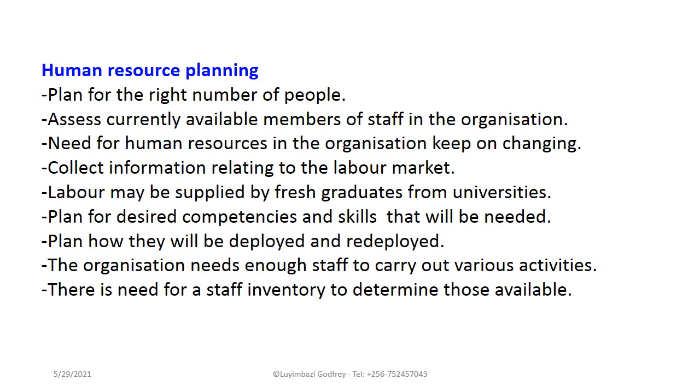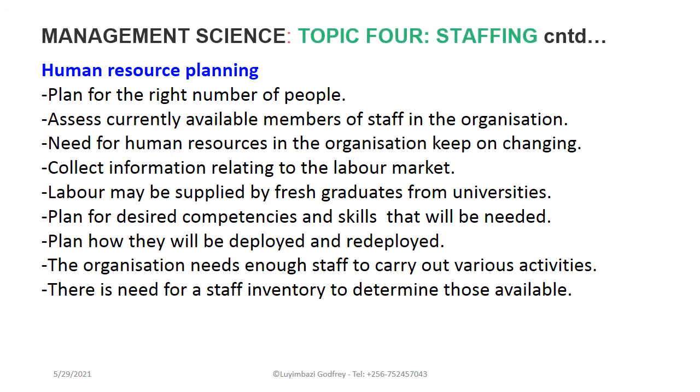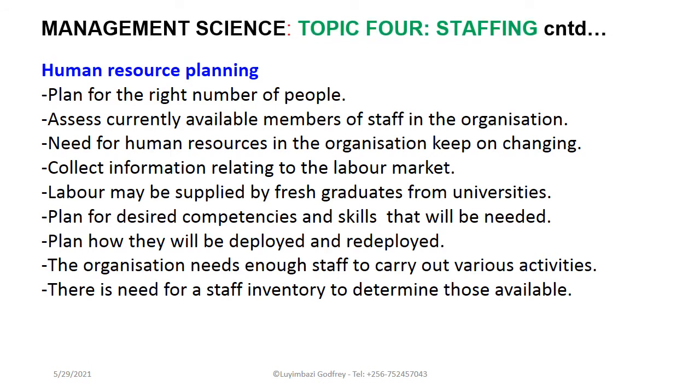Slide number 5 looks at human resource planning. There is need to plan for the right number of people in our organization. There is need to assess the currently available members of staff in the organization. Now, this is because human resources in the organization keep on changing.